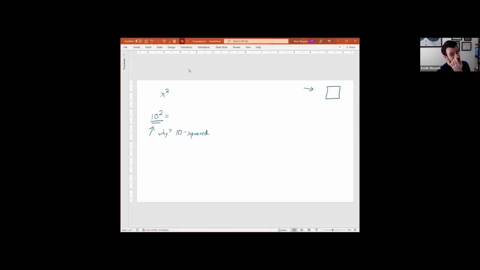Well, we know that from an algebra perspective, this means 10 times 10, right? We also know from a geometry perspective, whenever I have a rectangle, I can do length times width gets me what? The area.